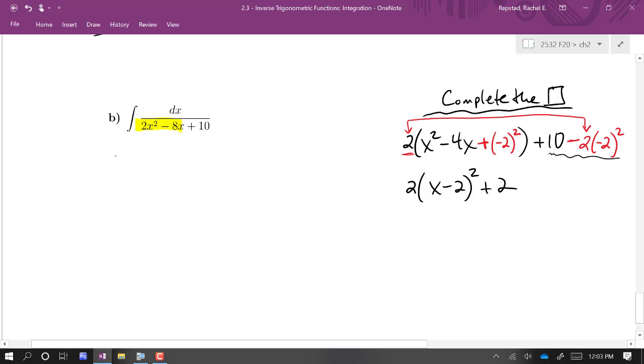And so now I'm going to replace the denominator with that expression. Now that's not quite the arctan form, but it's really close. I'm going to factor out a 2 from the bottom.